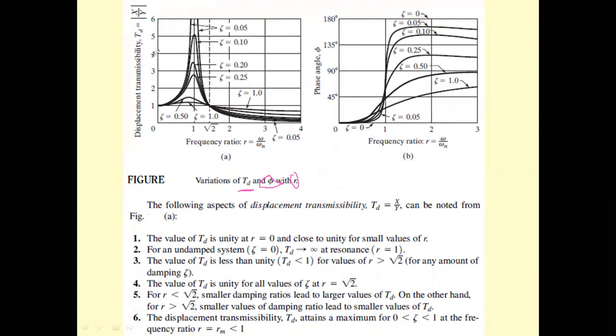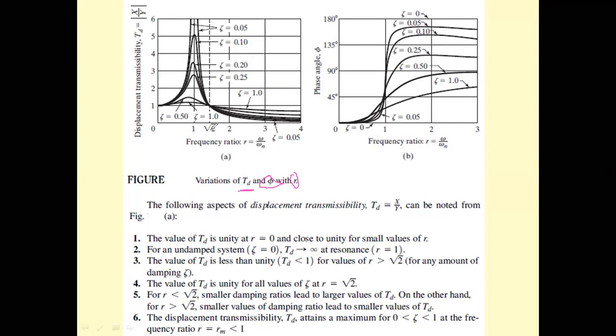This is transmissibility and this is phase angle. So if you see this curve, this motion transmissibility curve, it is the curve of displacement transmissibility or motion transmissibility versus frequency ratio.